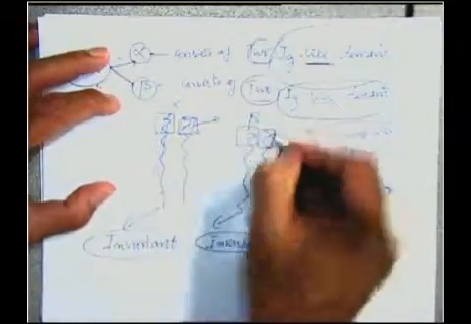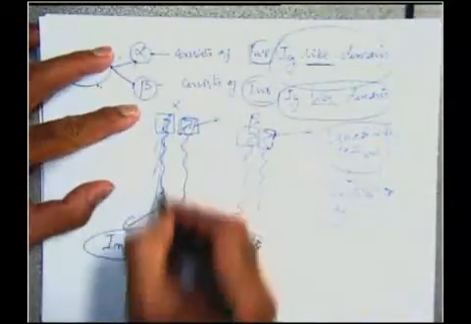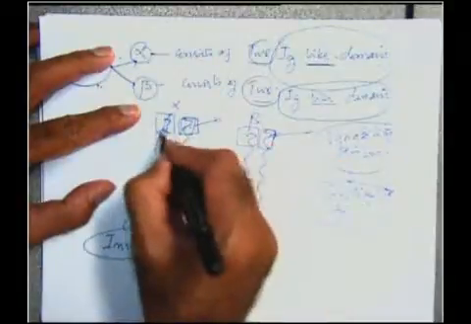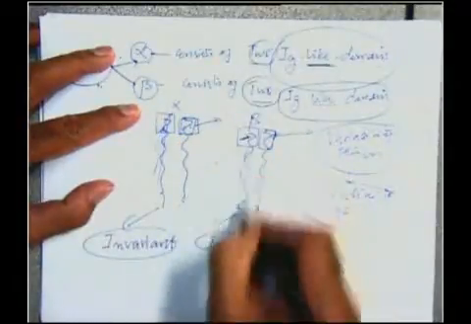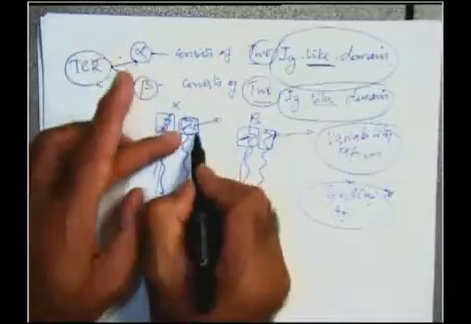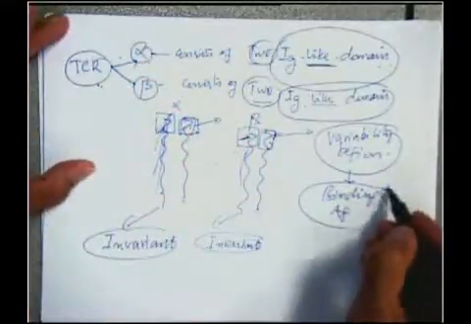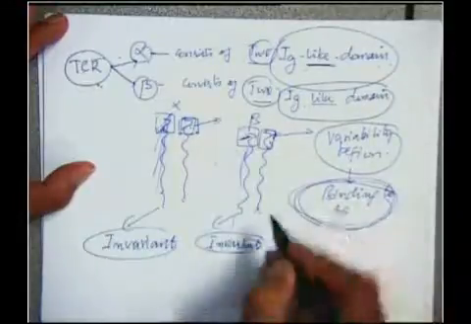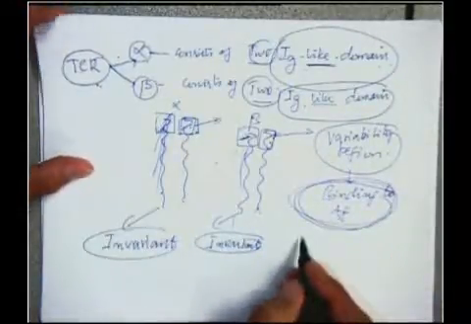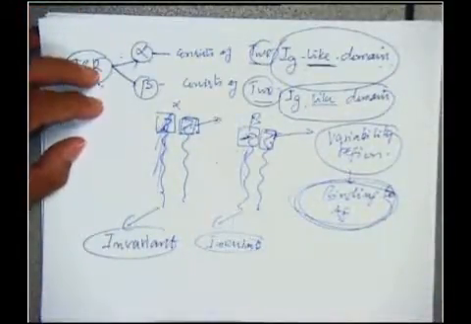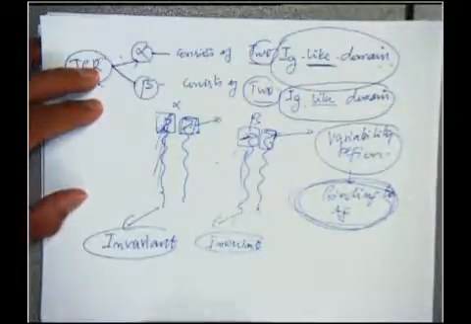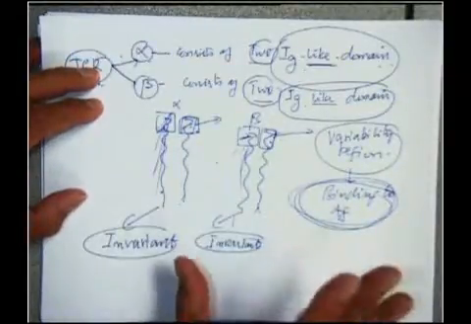The other chain of this is not variable, they are invariable regions. So one alpha chain and one beta chain is responsible for binding to this antigen, and they are present in the TCR. Do you follow up to this point?